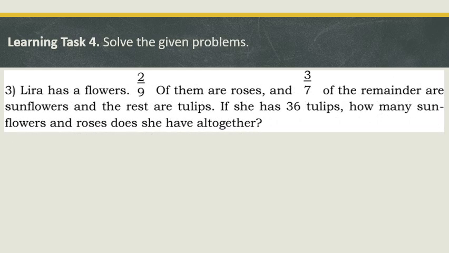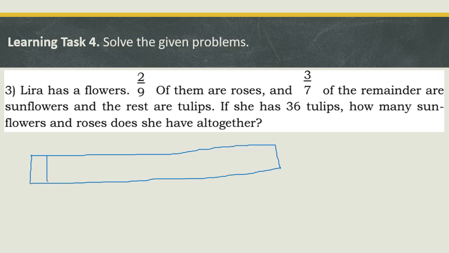Number 3, Lira has flowers. 2/9 of them are roses and 3/7 of the remainder are sunflowers. And the rest are tulips. If she has 36 tulips, how many sunflowers and roses does she have all together? So, yung 2/9 daw, so gawa tayo ng 9 na hati.